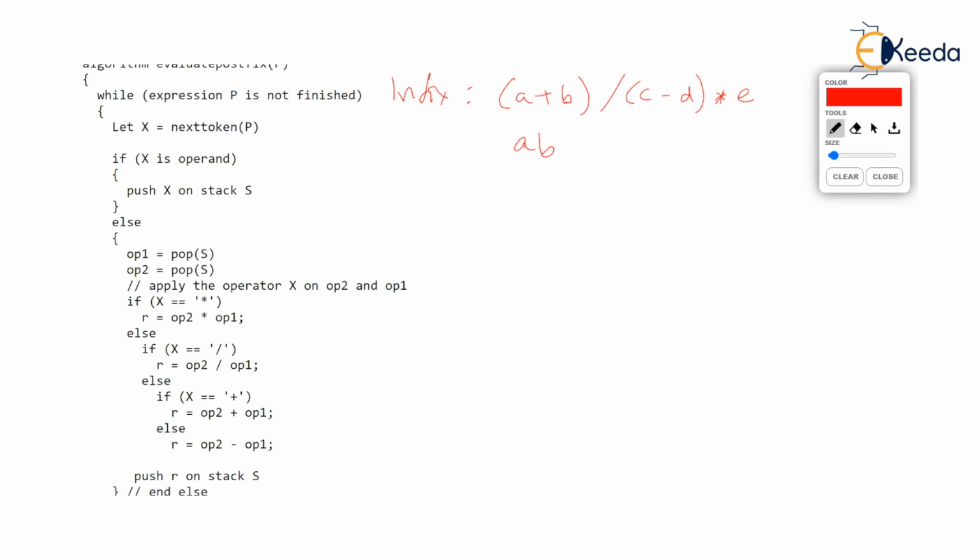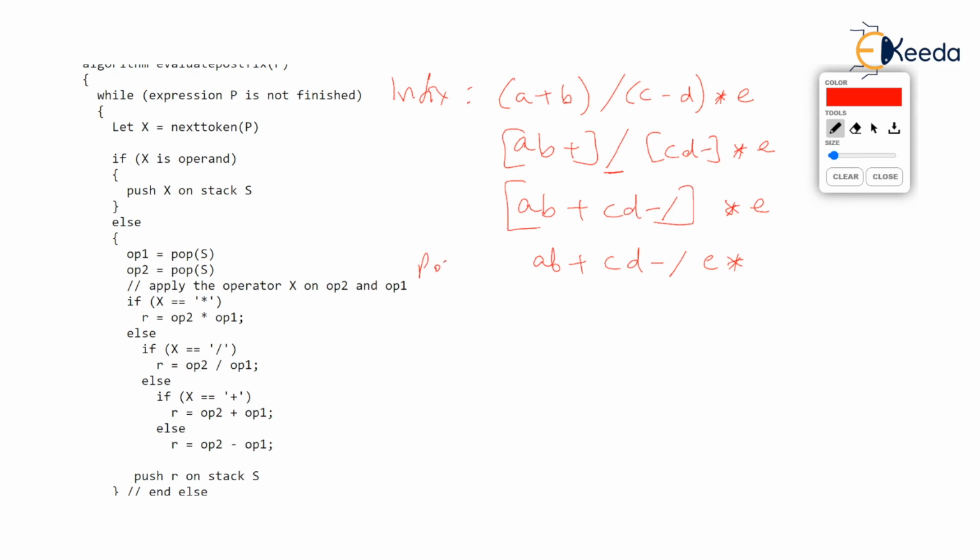This is ab plus upon cd minus into e, and then upon will be done first. So ab plus cd minus slash into e, and finally ab plus cd minus slash e asterisk. Okay. So this is the postfix.